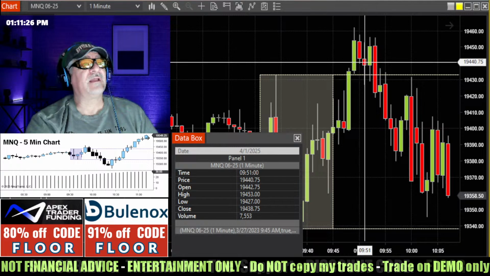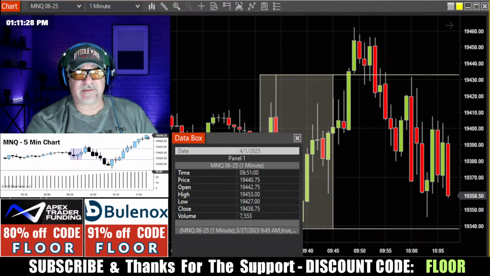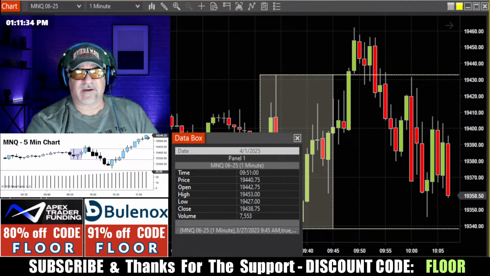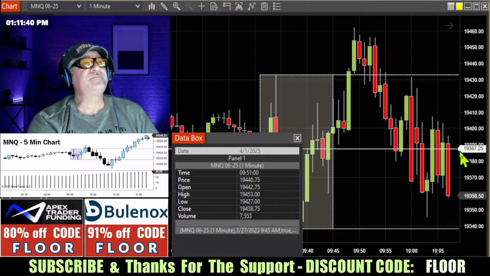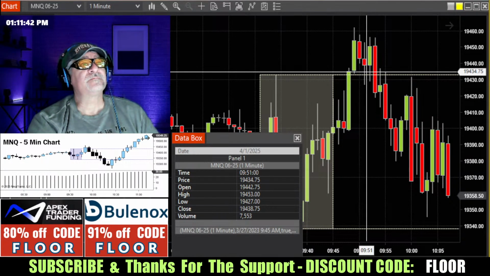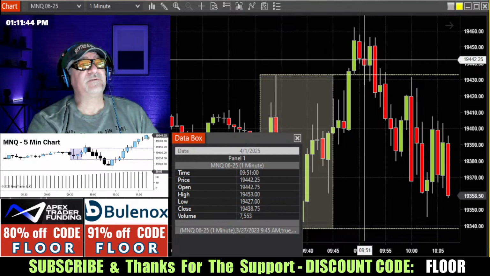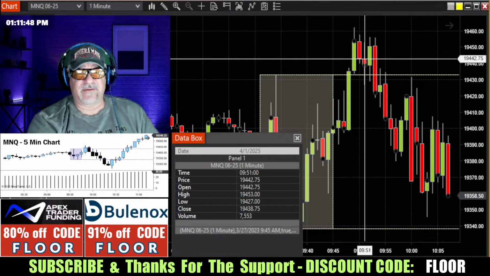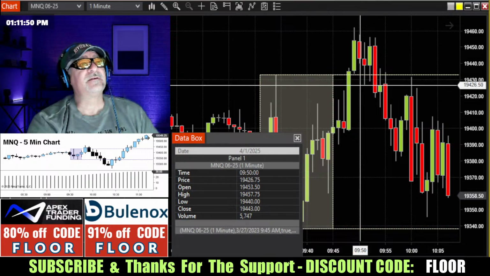On the open, 19,442.75. 19,442.75 long. We need our targets for take profit and stop loss. Paste. So this is where the candle opens. Do we trade down to 418 on this candle?